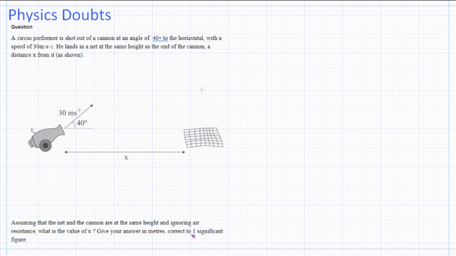So what we have to observe here is that in projectile motion, we will have two independent motions. There is a motion which is upwards. If we look, for example, from the back of the cannon, or if there's someone here who's actually lighting up the cannon, that person would only see this performer going up and down and falling in the net.